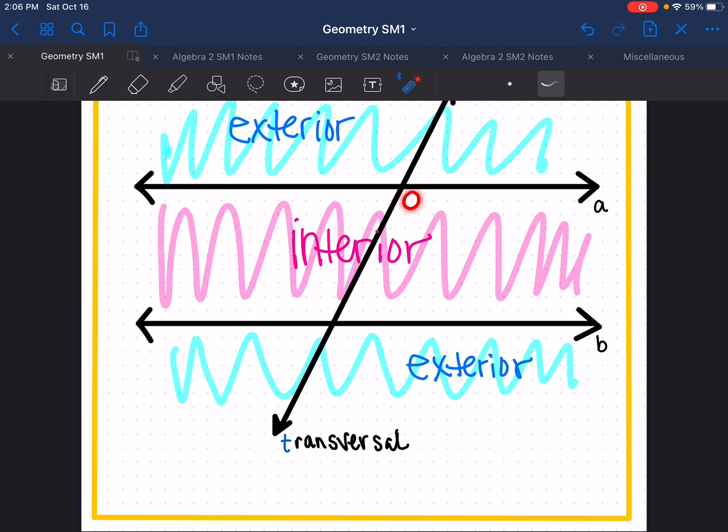Likewise, right here, if I were to talk about this interior point and I were to alternate, I would have to jump the transversal, and then slide on down to the opposite parallel line. Okay, so it always has to go from one set of 4 to the other set of 4 when we talk about them. Okay, I need to have one from each.